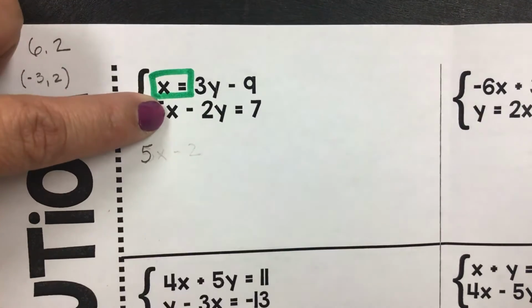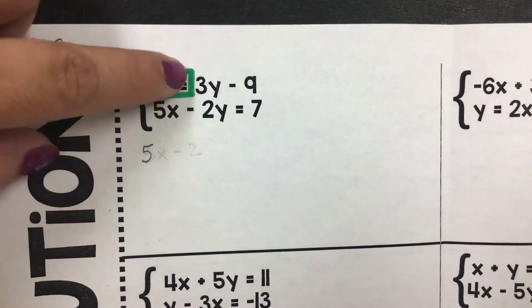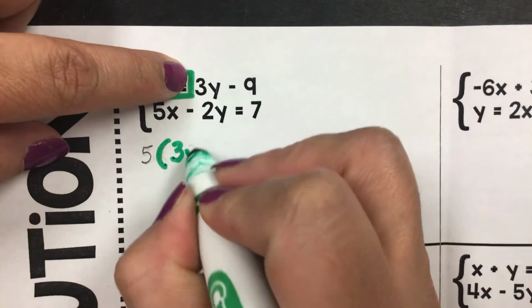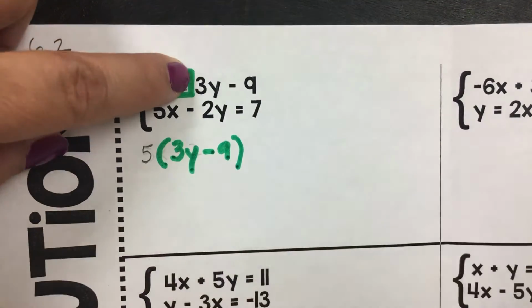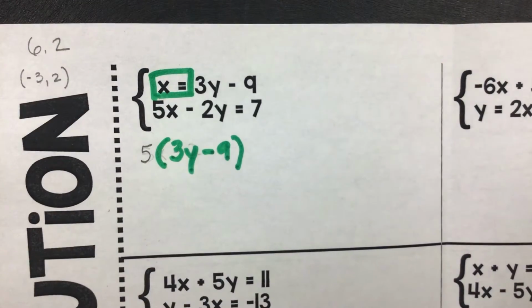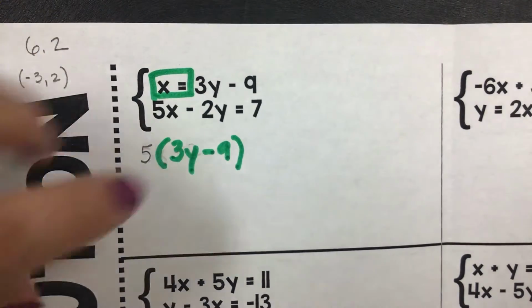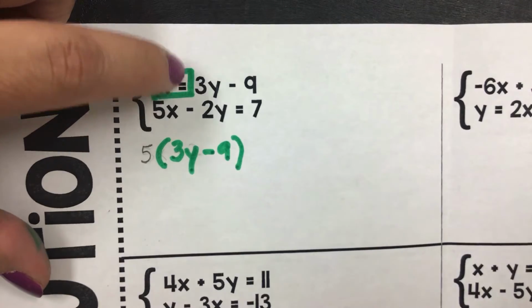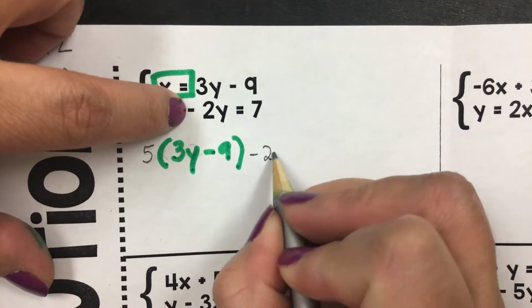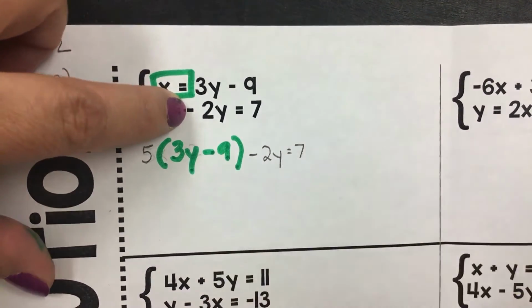So instead of writing the x, we're supposed to write the value of x, which is 3y minus 9. The only reason that I have this marker is because it helps identify the substitution that I make. You don't need one when you do your work. And then minus 2y is equal to 7.